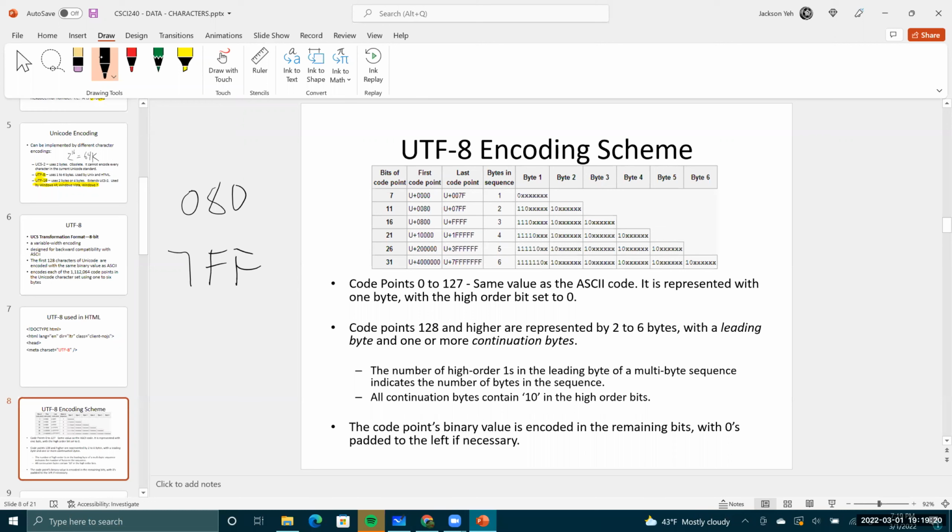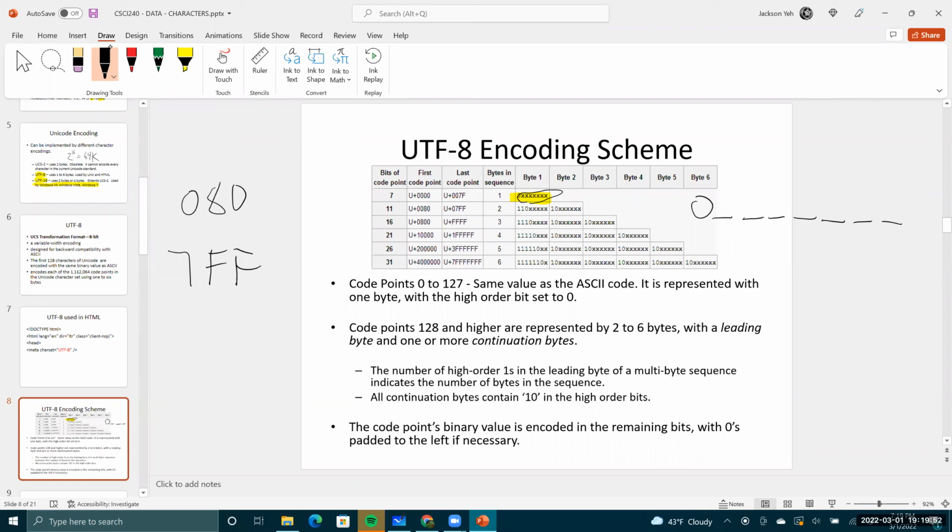If it's a single byte, then the template for filling in the byte would be 0 followed by 7 bits. Over here, they put X's, and X just means it could be 0 or 1. So this is a template for 1 byte. It begins with 0, and the remaining 7 bits are the binary for whatever you're trying to encode.